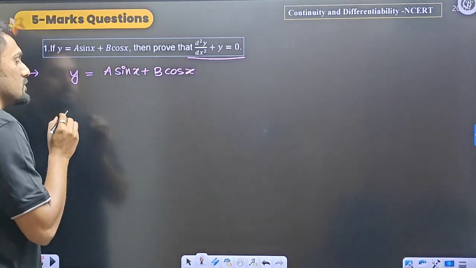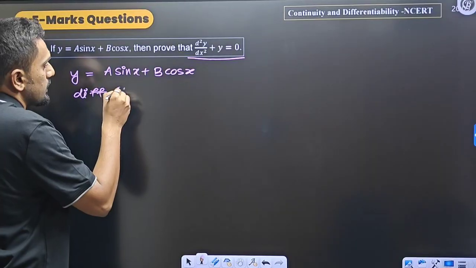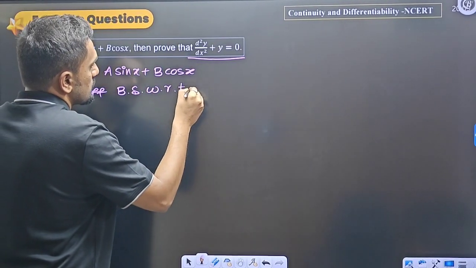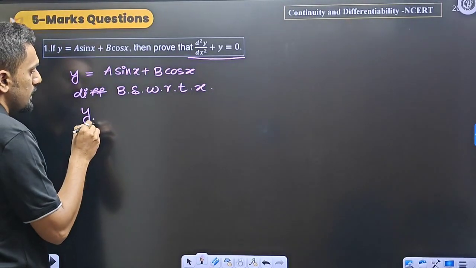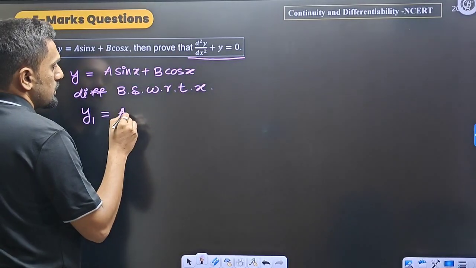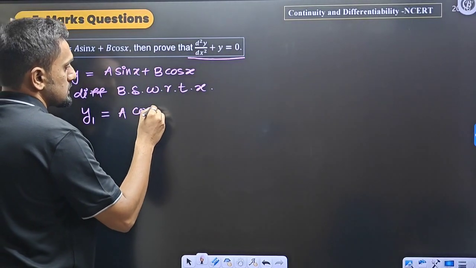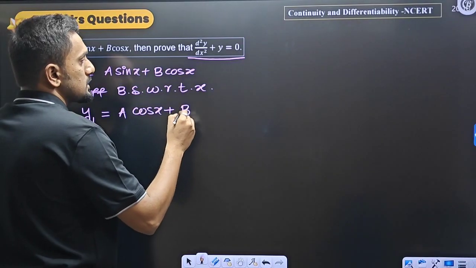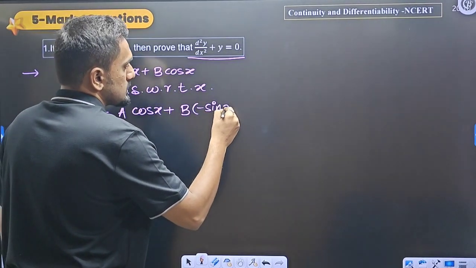Okay, so differentiating both sides with respect to x, then this becomes y1 is equals to a into derivative of sin x is cos x plus b as it is derivative of cos x is minus sin x.